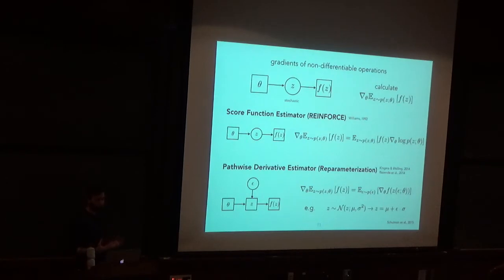An example might be if you're trying to estimate the gradient for sampling from a Gaussian, you could rewrite the sample as the mean plus epsilon times your standard deviation. This will give you an equivalent formulation of a sample from a Gaussian. It still has this stochastic element to it, but now you can actually backpropagate through this deterministic pathway here.